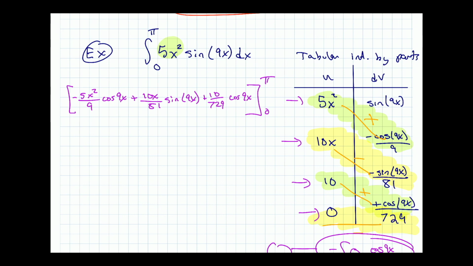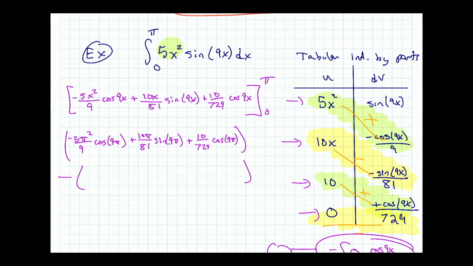Okay, so that's my integral, but I'm going from 0 to pi. So this is going to be awkward. We're not going to get a final answer, but you put in a pi everywhere. So negative 5 pi squared over 9 cosine 9 pi plus 10 pi over 81 sine 9 pi plus 10 over 729 cosine 9 pi minus, put in a 0 everywhere, so 5 times 0 squared over 9.